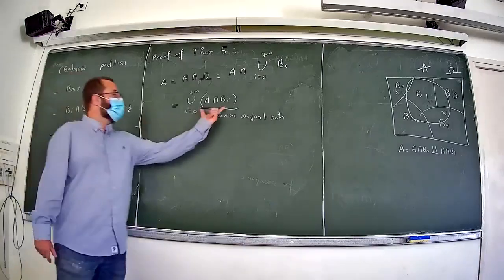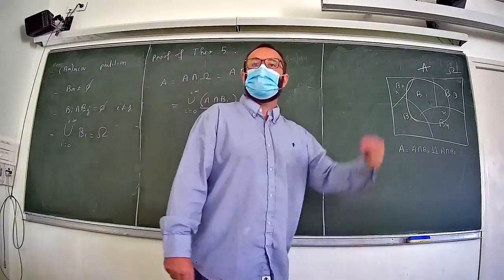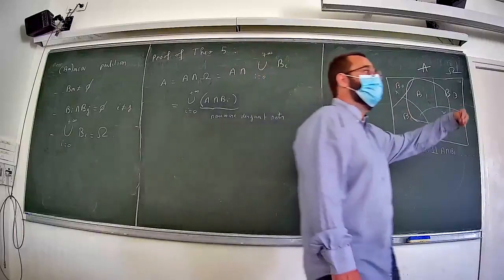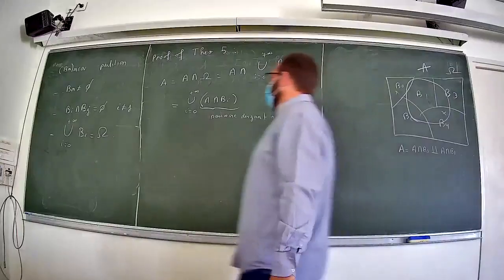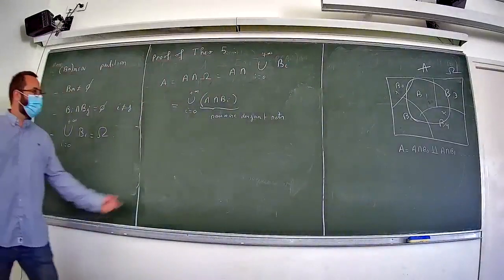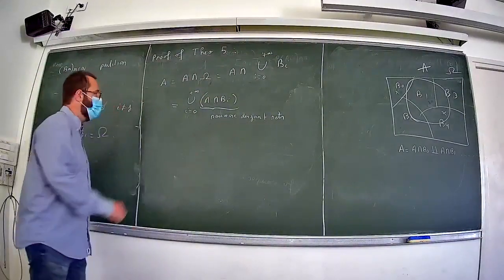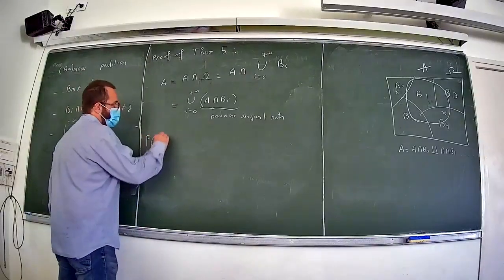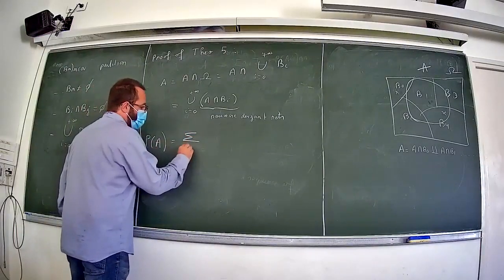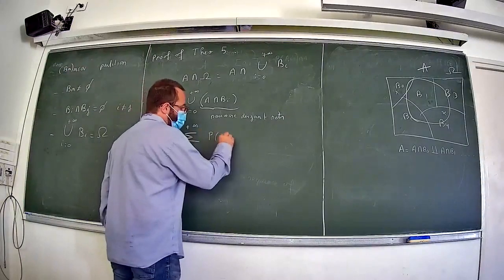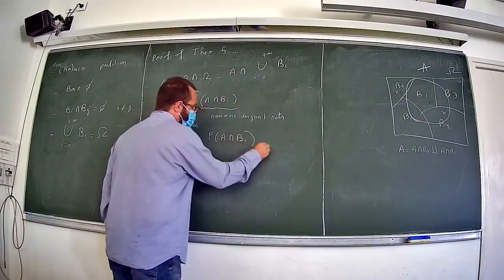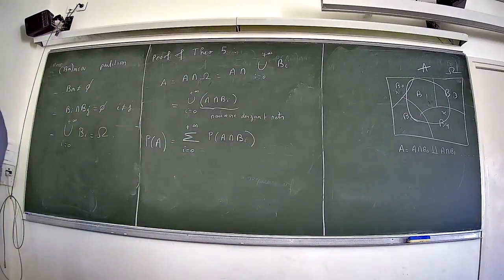You have a sequence of pairwise disjoint sets, and the probability of the union is equal to the sum of the probabilities. I use the sigma additivity property. Since P is a probability, and I have a sequence of pairwise disjoint sets, P of A is equal to the sum from i equal to 0 to plus infinity of the probability of A intersected with Bi. I have this one. But in fact, it's finished now, if you have this.